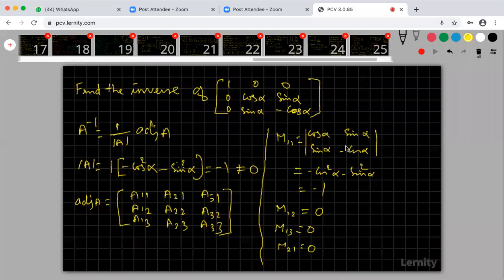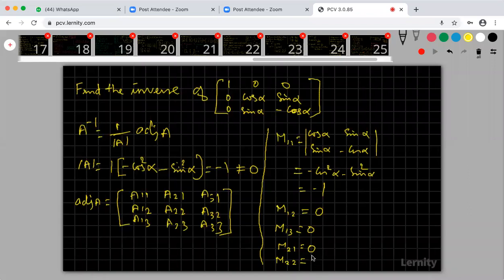Okay, similarly, find M22, this element. For this element, leave this row and leave this column, the second row. What are the remaining? 1, 0, 0, minus cos alpha.